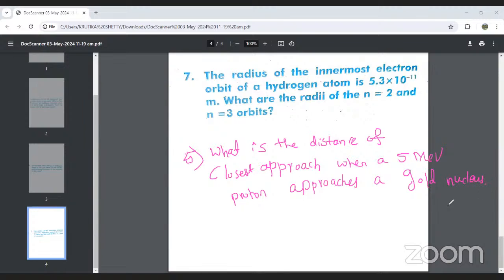In brackets, they have given the value of Z is equal to 79.